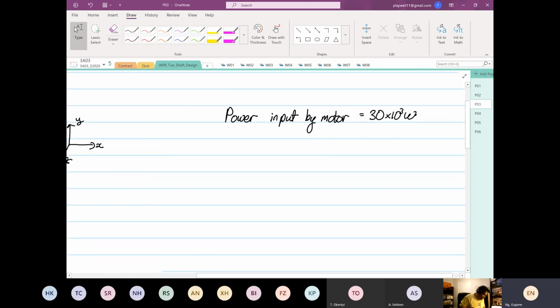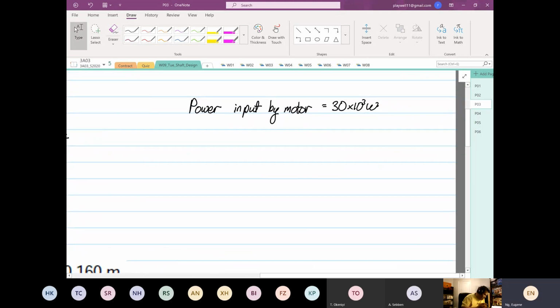Then you have power output through gear C, which is given to us at 20 kilowatt.